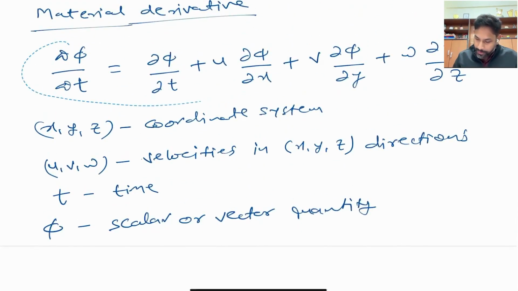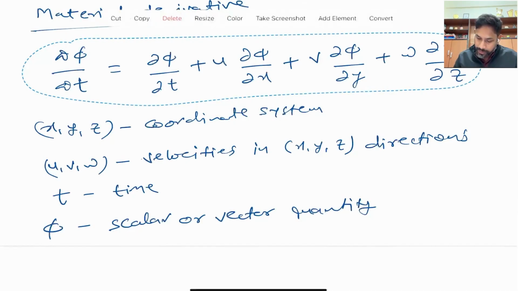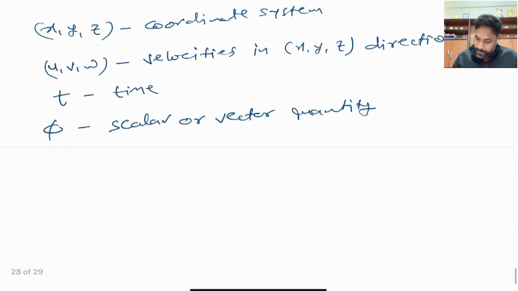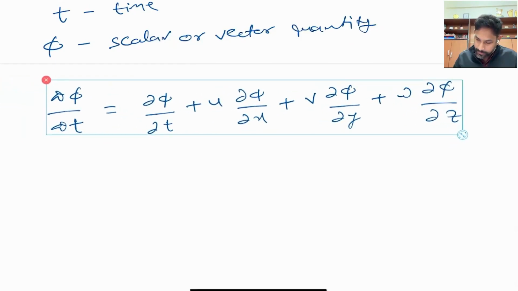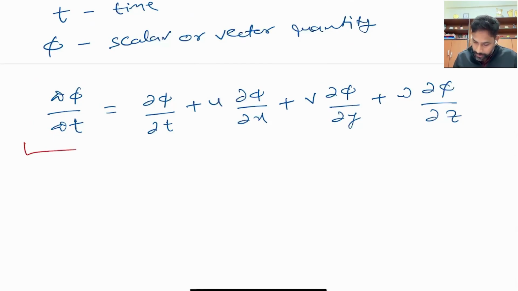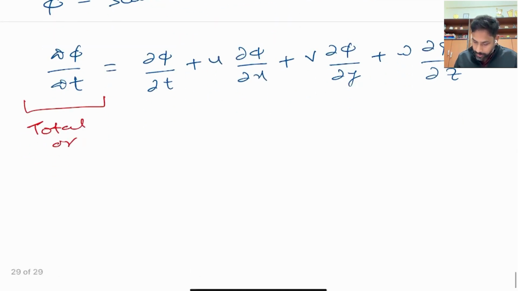So in this particular equation, we see different terms, which let's discuss one by one. The first term is known as the total or material derivative.